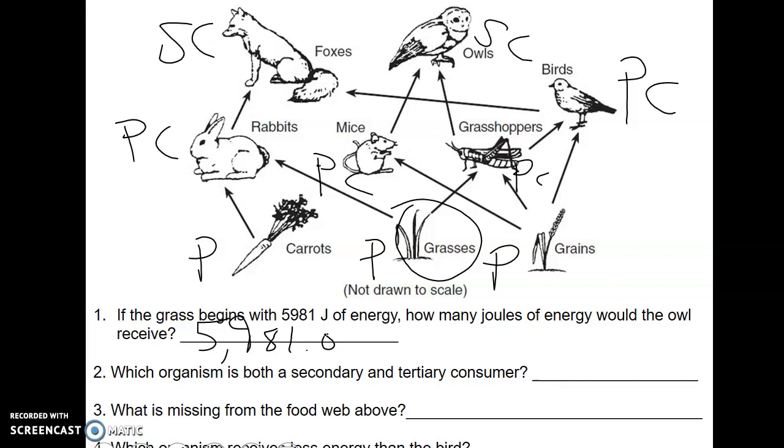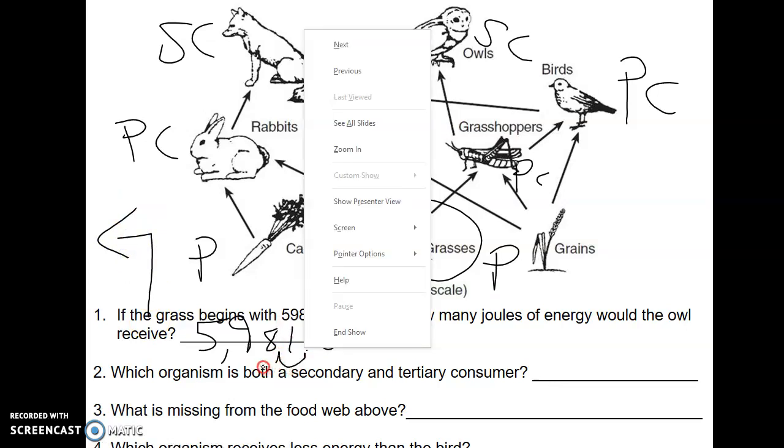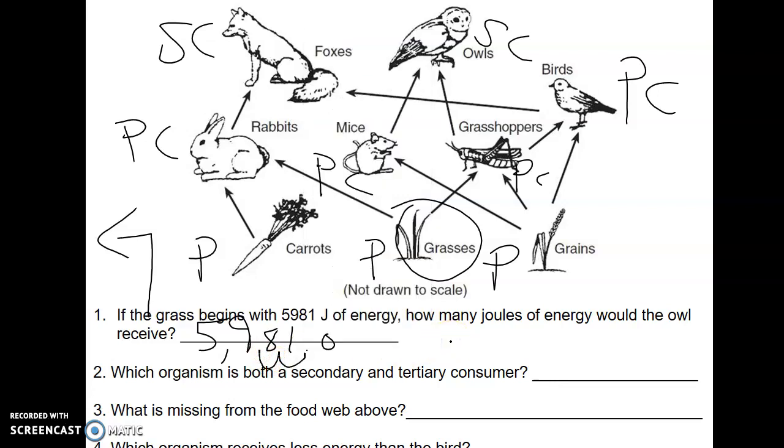You're going up, which means you're moving your decimal to the left. So your answer is going to be going 1, 2. So your decimal is going to be right in between the 9 and the 8. So this is not going to be your answer, but your answer is 59.81, because just like that pyramid, right?